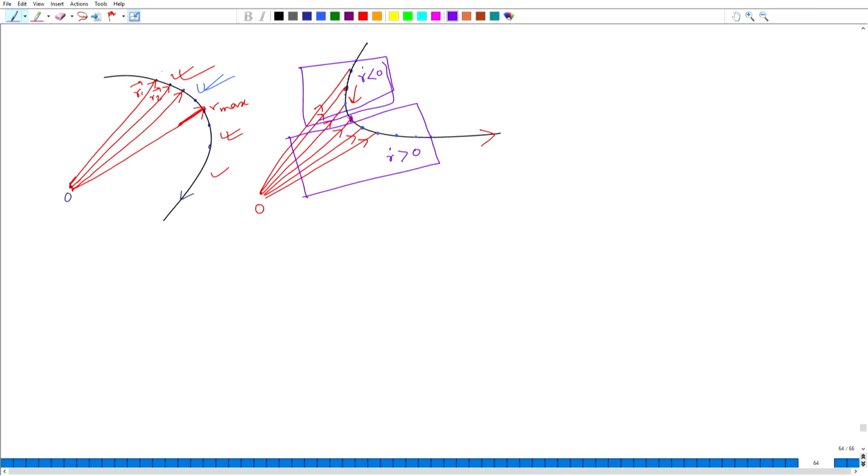And here also you can see that, in this part, r dot is less than 0 and here r dot is greater than 0, okay.